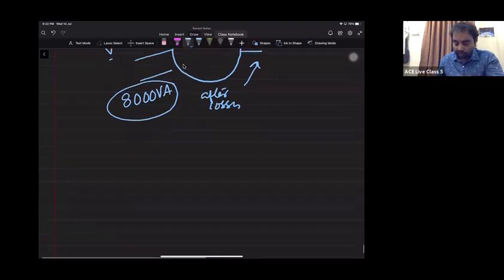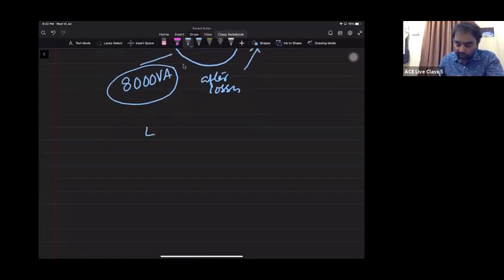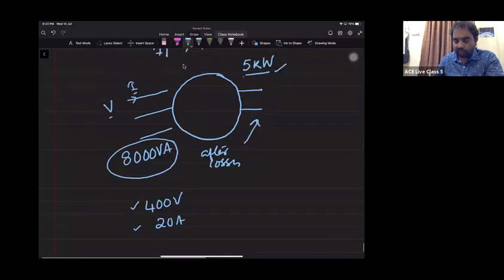I'll divide it like this: 400 volts and 20 amperes. When I apply a voltage of 400 volts, and the windings carry a current of 20 amperes, this motor is tested to give an output mechanical power equivalent to 5 kilowatts. So these are the design parameters.